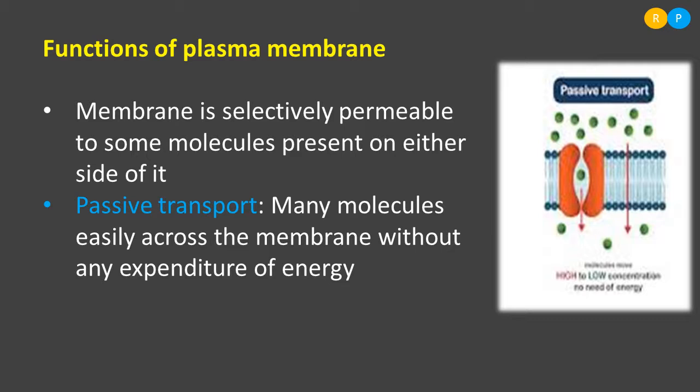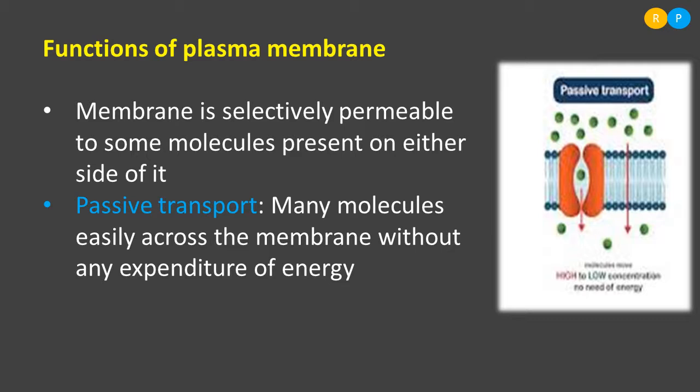Usually the molecules involved in passive transport are soluble in lipid. There are different kinds of molecules in our body. Some molecules are soluble in water, some are soluble in lipid. Usually the lipid soluble molecules easily cross the plasma membrane through the lipid bilayer.